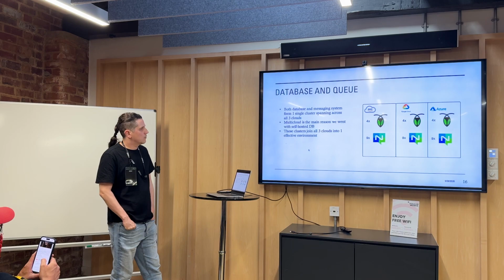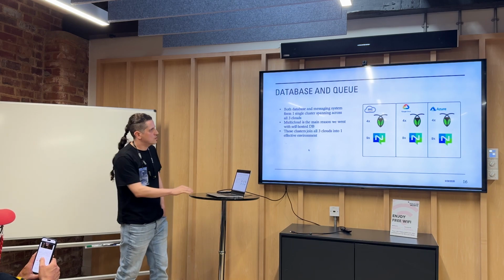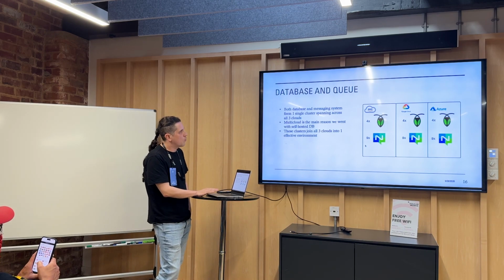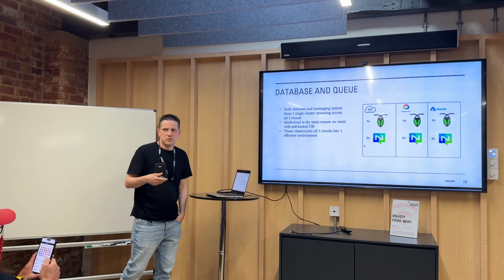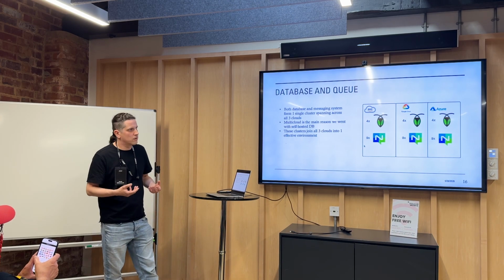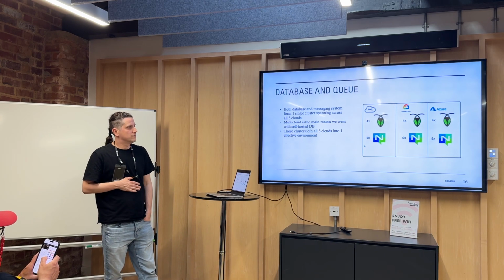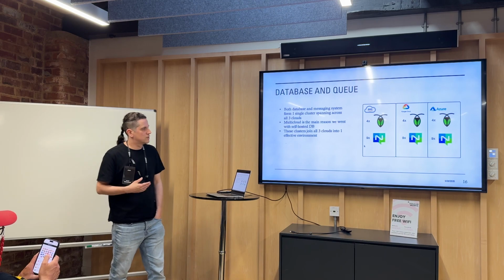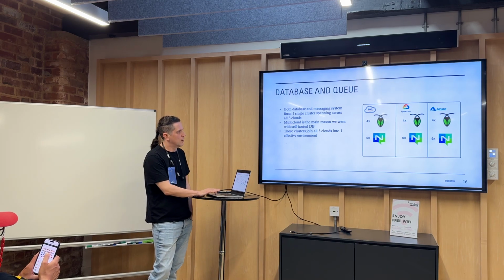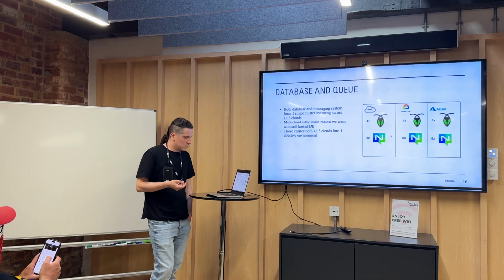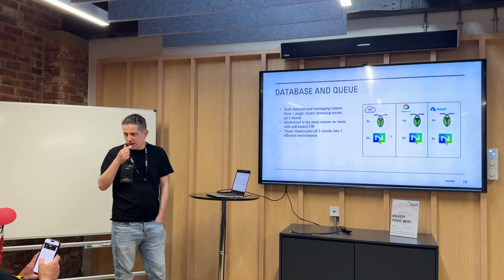So now the question is, why would you go with three clouds, basically tripling your cloud bill instead of just doubling it with two clouds? And the reason for that is you have to have a tiebreaker.